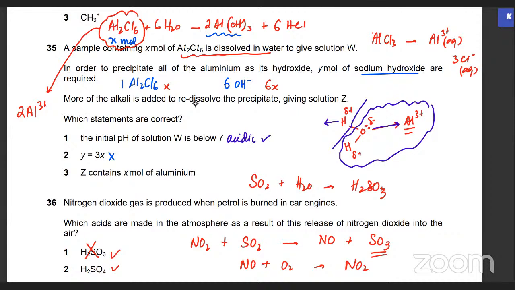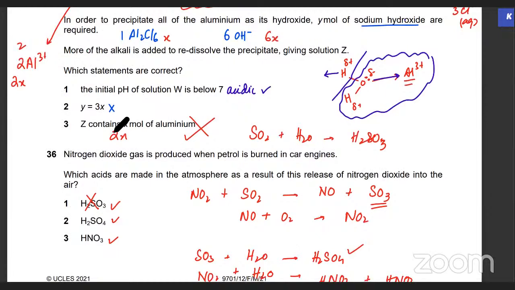So the ratio is 1:2. If there are X moles, then the moles of aluminium ions would be 2X. So it's going to be double the amount. So this one is also incorrect. So options 2 and 3 are both incorrect because one molecule has 2 aluminium ions, so if there are X moles, there would be 2X moles of aluminium ions. So is this clear?